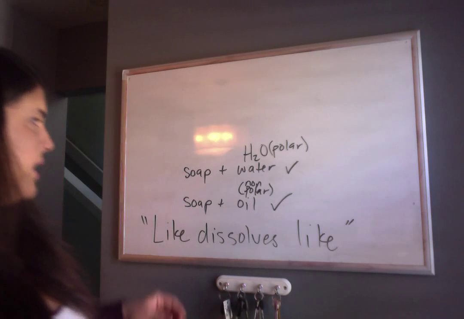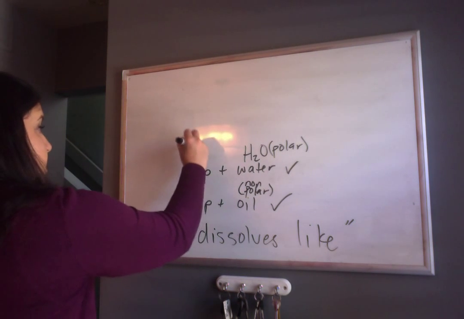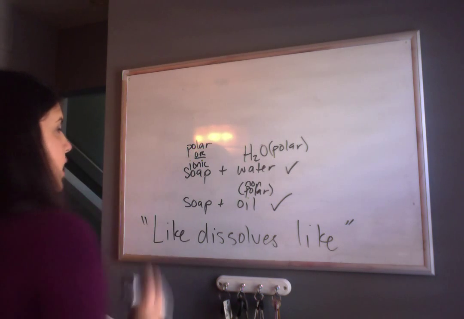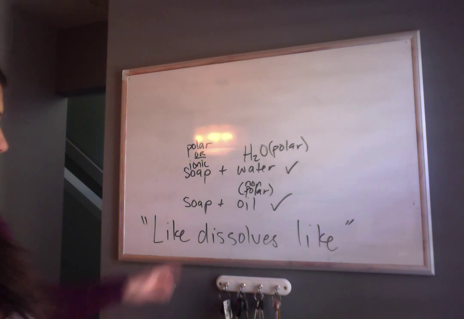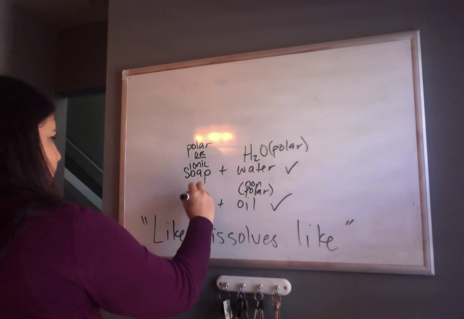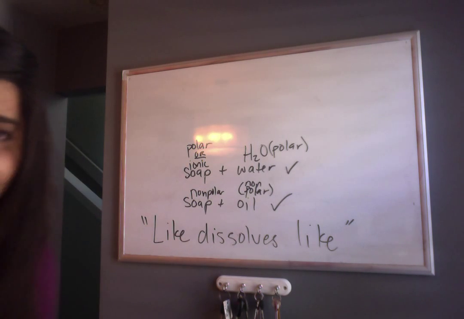So what about soap then? To interact with water, soap must either be polar or ionic. But it mixes with oil, meaning soap must be non-polar, or not polar and not ionic.